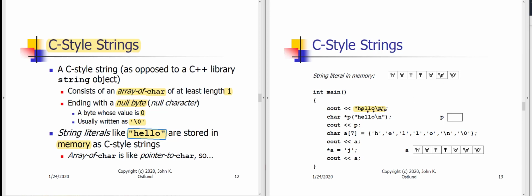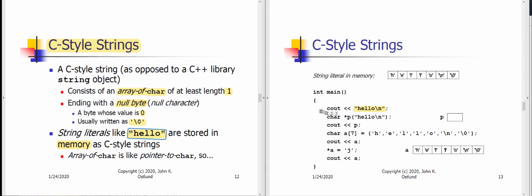When I give a string literal as an argument to cout, what's actually being passed to cout is the address of the first character in the string, and cout understands that it should display all of the characters within that string up to, but not including, the null character at the end.